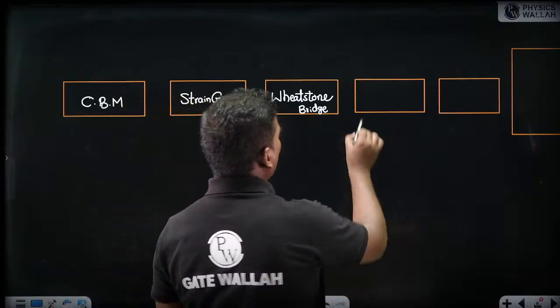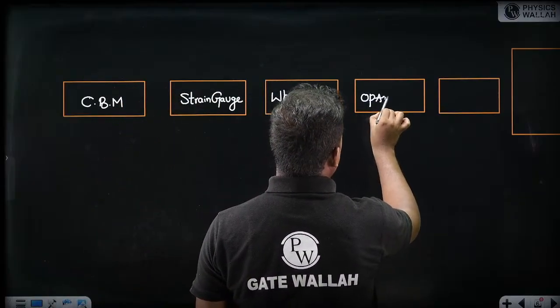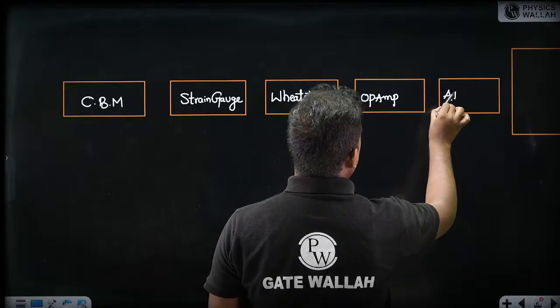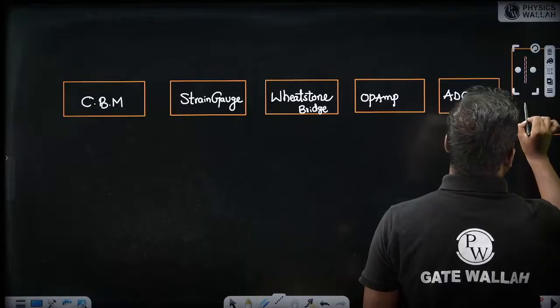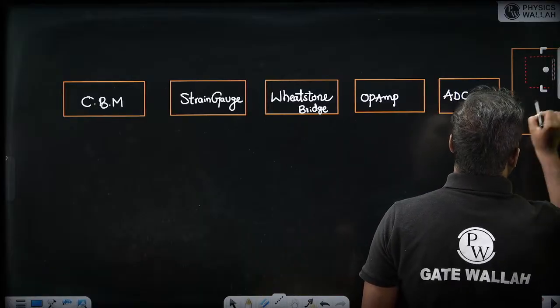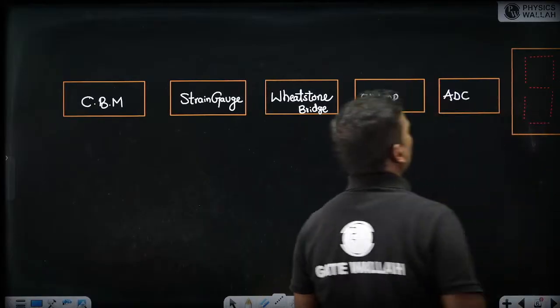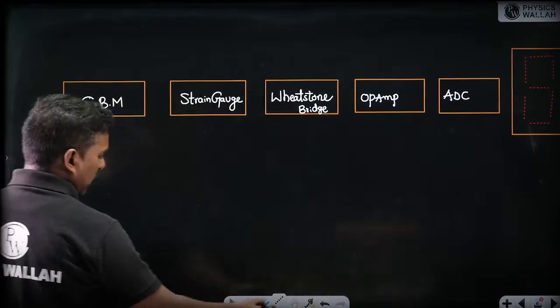After that, it is connected to operational amplifier, then analog to digital converter, and here comes the 7-segment display.